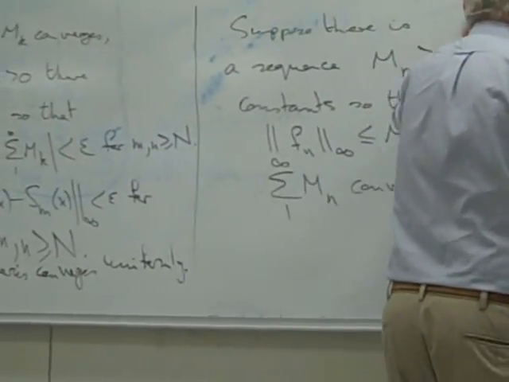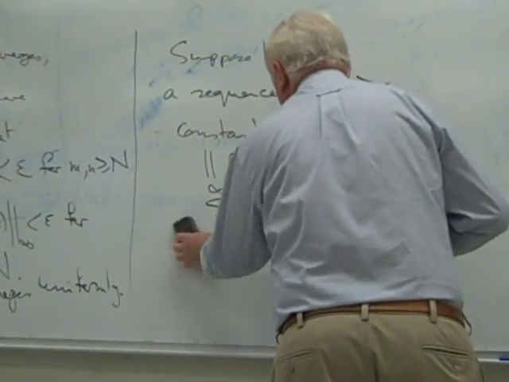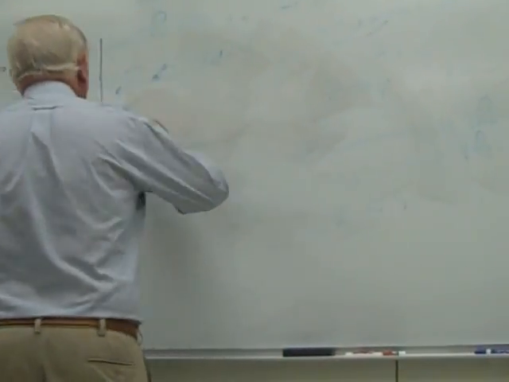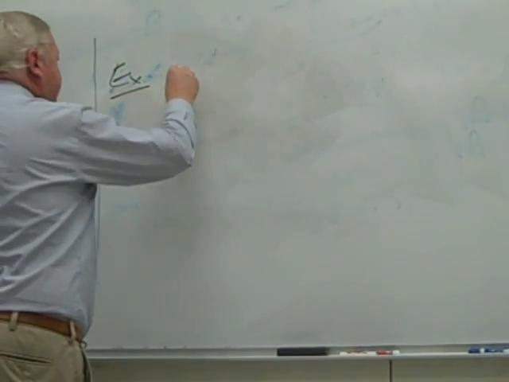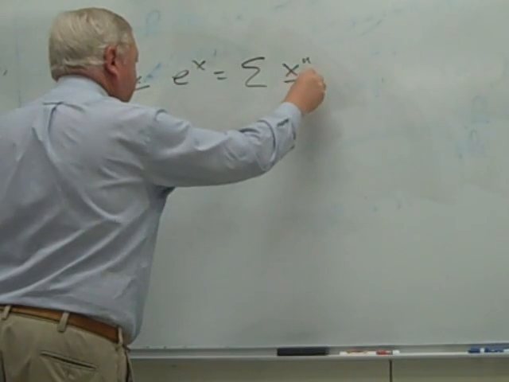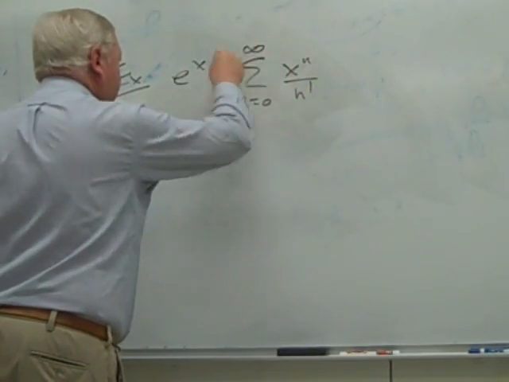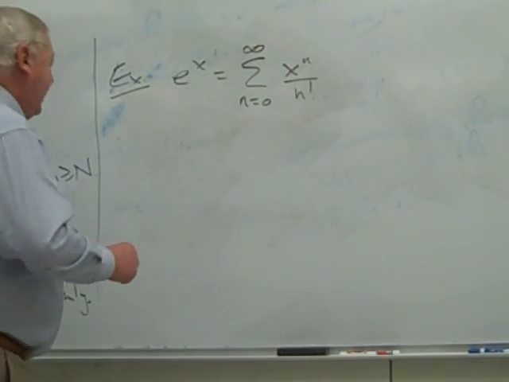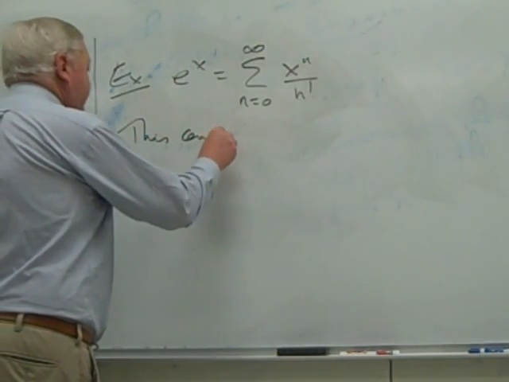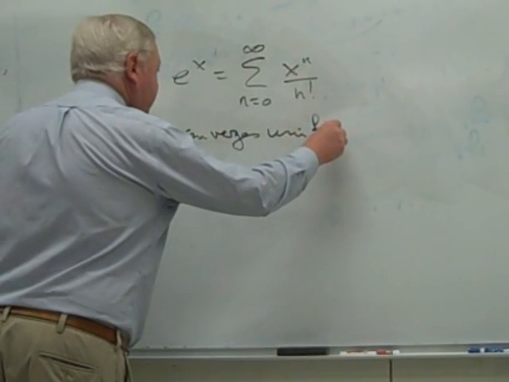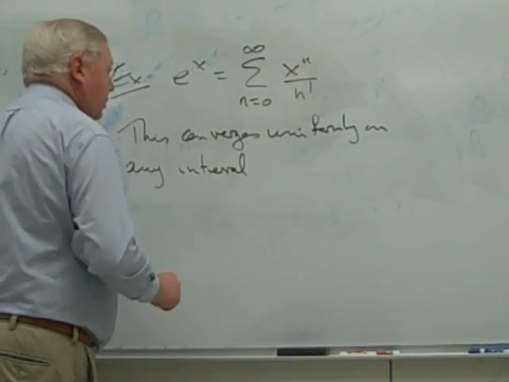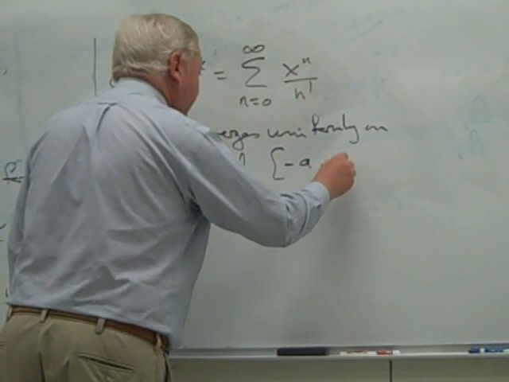So if we return for a moment to that series for e to the x, the sum from 0 to infinity of x to the n over n factorial, although we saw that it didn't converge uniformly on the whole real line, this converges uniformly on any interval minus a to a.